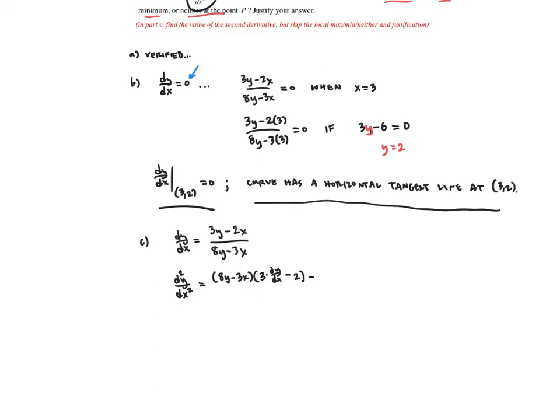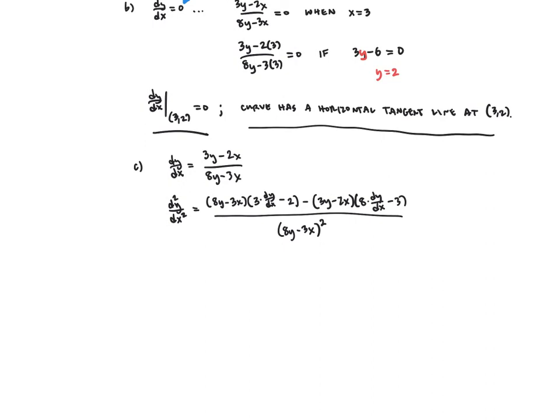So that's low d high minus high d low, which is 3y minus 2x, our upper function, times the derivative of the lower function, which will be 8 times dy/dx minus 3. And that'll be all over (8y minus 3x) quantity squared. Let's do a little work on simplifying the numerator. Though you could be done at this point when it comes to making calculations, you don't need to simplify, but let's go ahead and clean that up a tad.